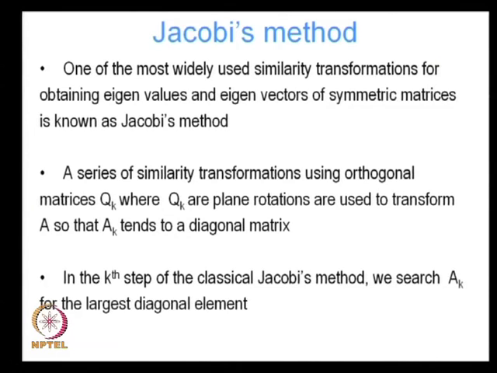We search for the largest off diagonal element and then I construct my P matrix, taking care to choose my angle phi in such a manner that my largest off diagonal element becomes 0, right. I annihilate my largest off diagonal element.